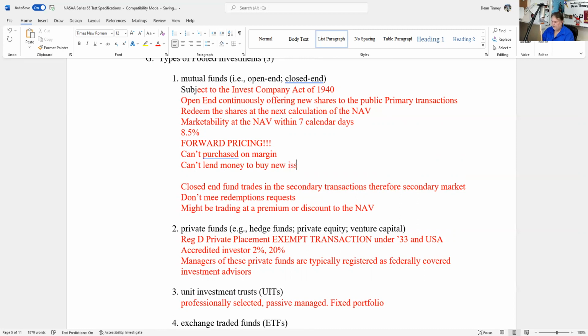And Reg T is part of the Reserve Board. It's considered a new issue 30 days from the effective date. I'm kind of hinting that after you've had the mutual fund fully paid for, let me go back here. For 30 days from the effective date.